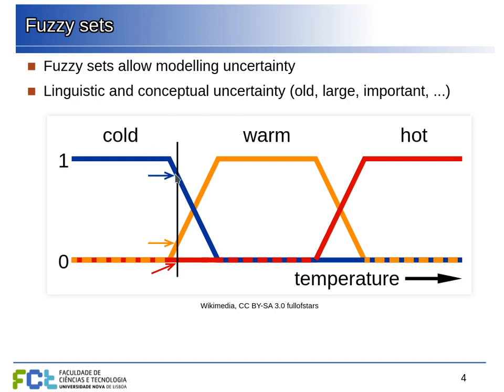There is a large membership to the cold group there, but it's a bit warm. There is a small value of membership to the warm group and not hot at all. So it has a 0 membership to the hot group. So this could be a way to represent that we have a temperature here that is mostly cold, but not as cold as something that is over here, for example.